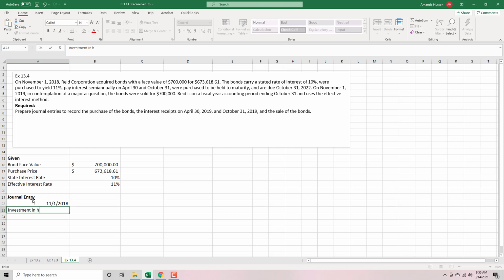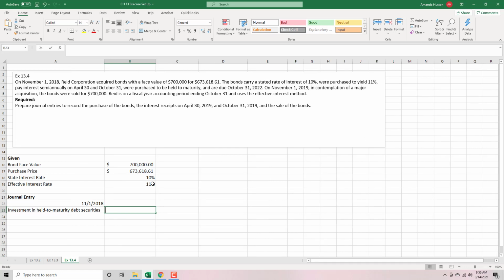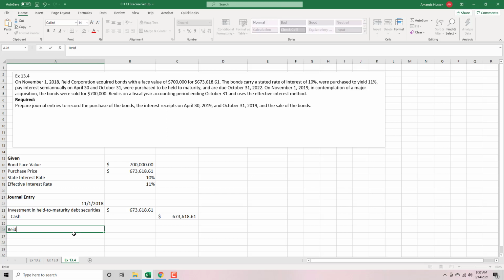Now we're going to make an amortization schedule. So it's Reed Corporation, bond investment interest income and bond discount amortization schedule.